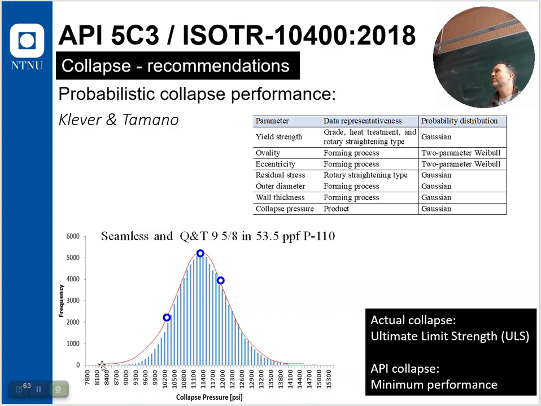Probability for collapse is extremely small, right? And still you're given a much higher collapse resistance than what the API is going to tell you, the traditional API method that we have been detailing in this class.